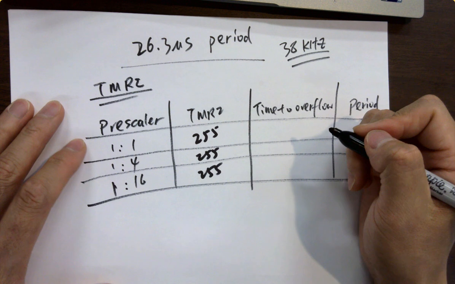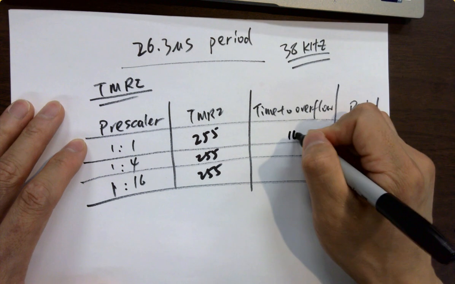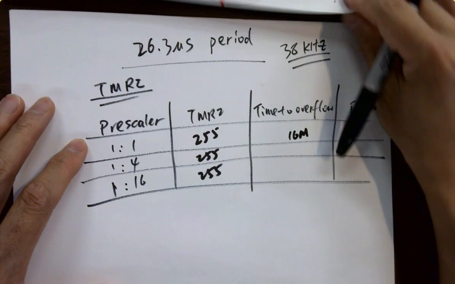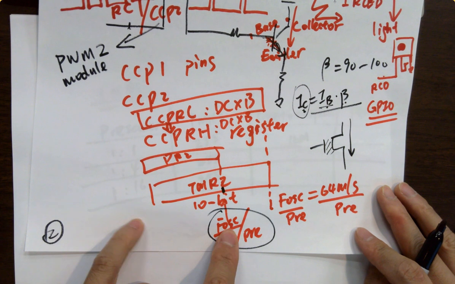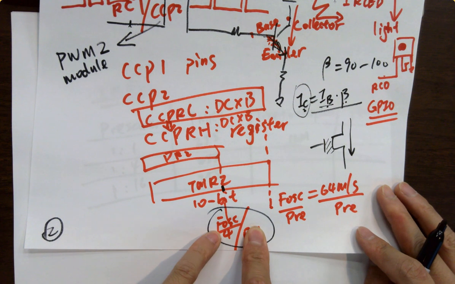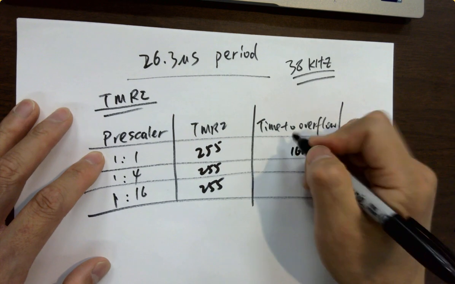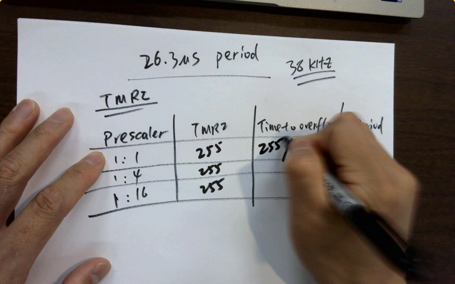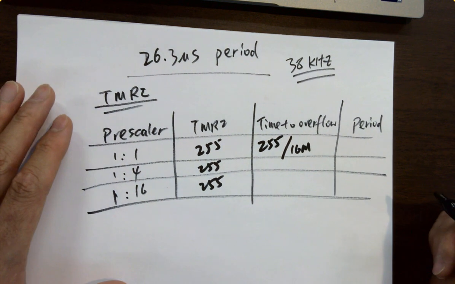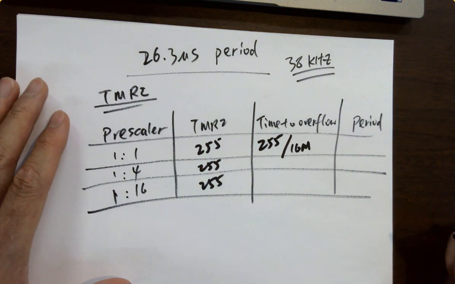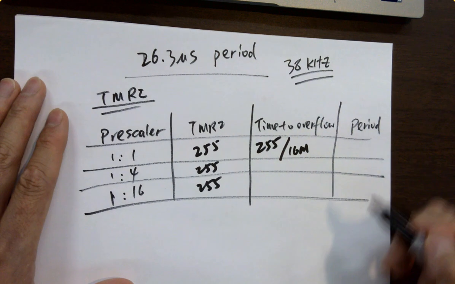What's the frequency? 16 megahertz, because it's the 1-to-1 prescaler. So how long does it take to overflow? Yeah, add 1 here. Wait for a second.